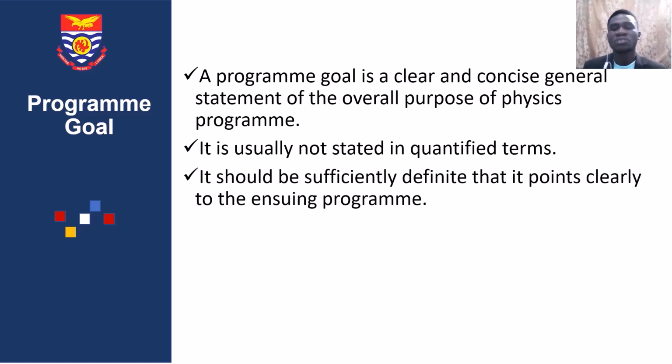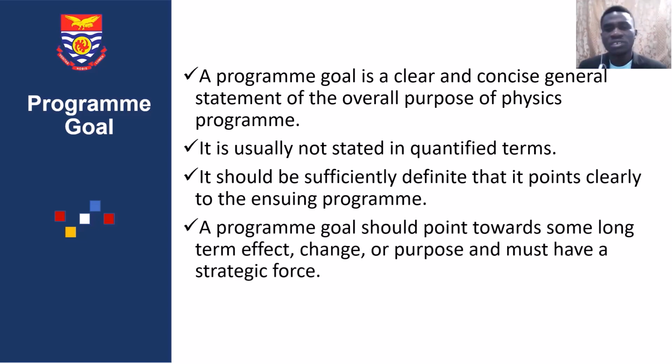It should be sufficiently definite that it points clearly to the ensuing program. Good. Now, a program goal should point towards some long-term effect, change, or purpose, and must have a strategic force. What do we mean by strategic force? We'll be looking at that in the subsequent example that will be given.